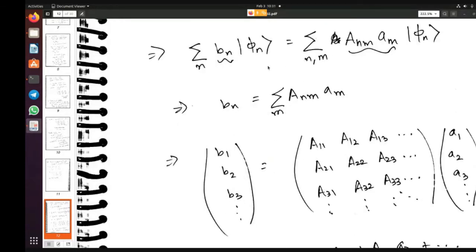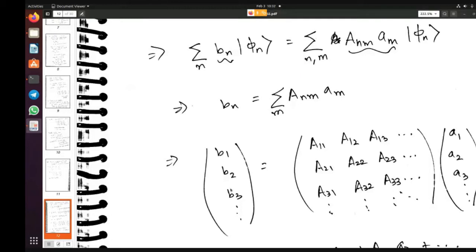Okay, so essentially what it means is, because this phi n and phi n are the same, the coefficients are equated to each other. So Bn is equal to capital A nm into small a m. Okay, which means if you write it down in terms of matrices, what do you get?